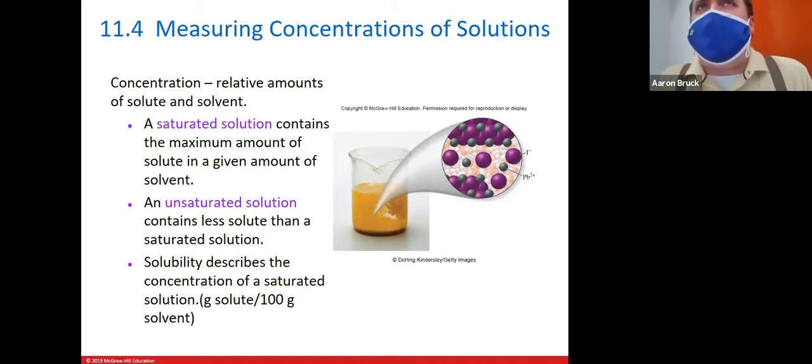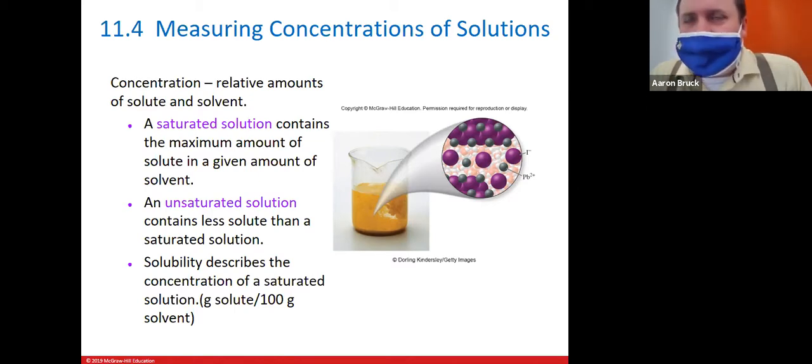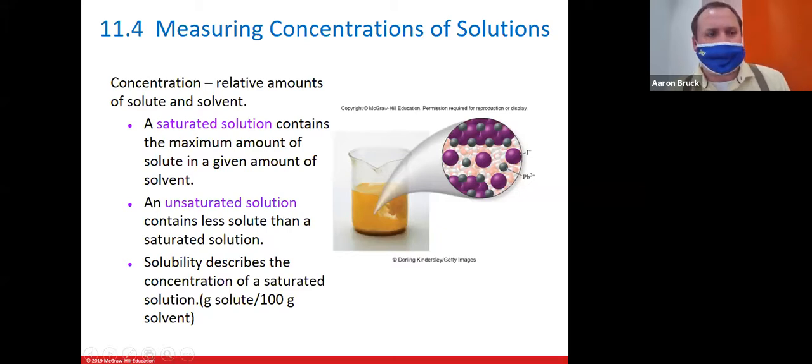A saturated solution is one where we've got as much solute, that is the thing that is being mixed in, as can possibly go in there. It is saturated. No more will dissolve at this point.